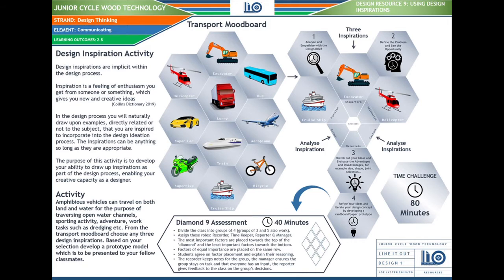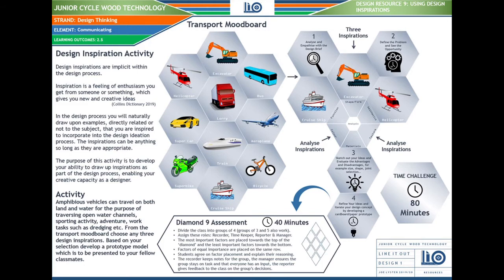So we have a transport mood board to help us draw inspiration. This transport mood board contains an excavator, a helicopter, a bus, a lorry, an airplane, a car, a train, a bicycle, a cruise ship, and a motorbike.